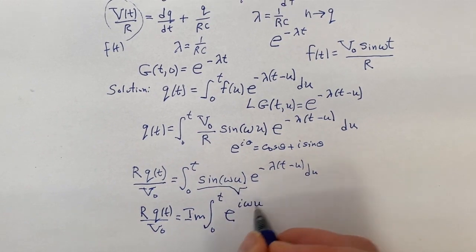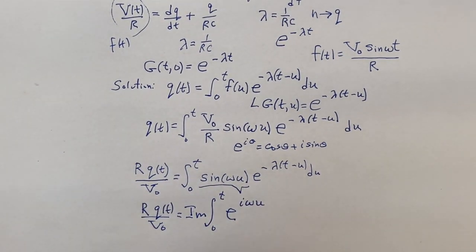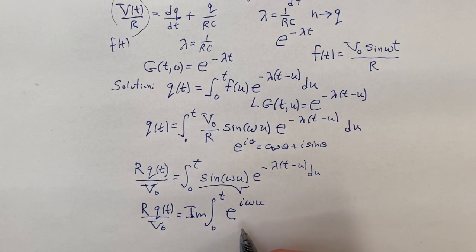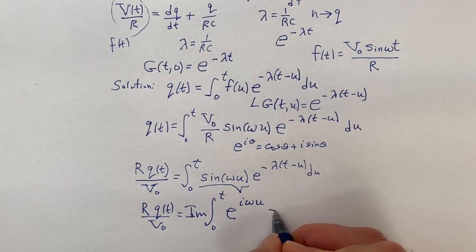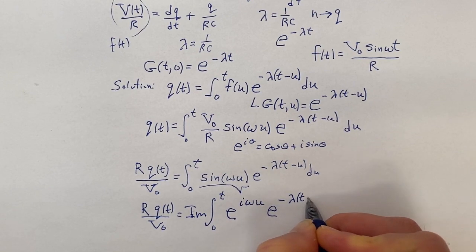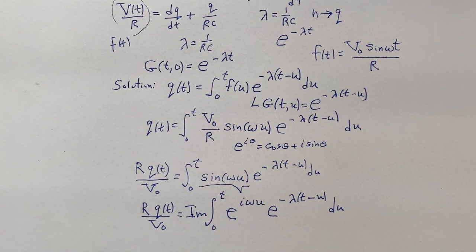So here's where the sine is being promoted to the exponential, but we're going to take the imaginary part, since the imaginary part has the sine, and that's what's going to help us work this out more easily. And then this is e to the minus lambda t minus u du. All right?